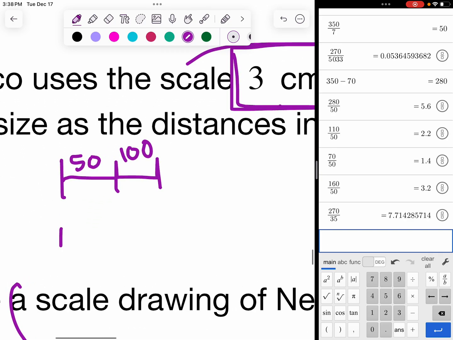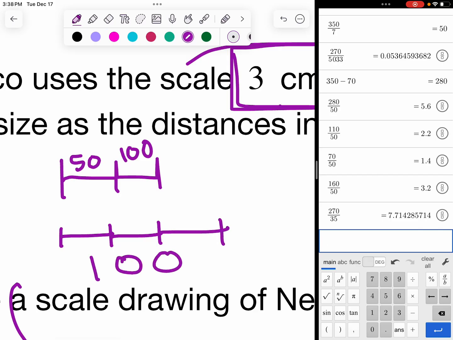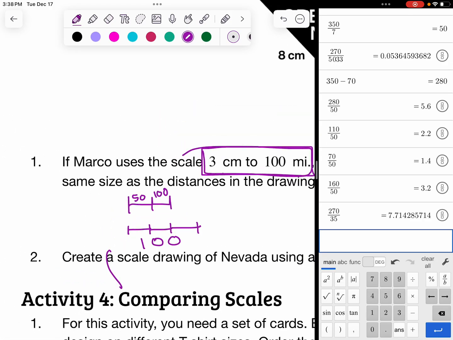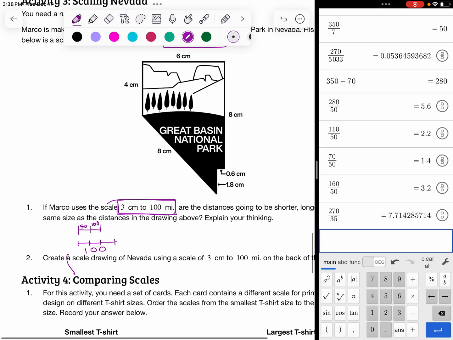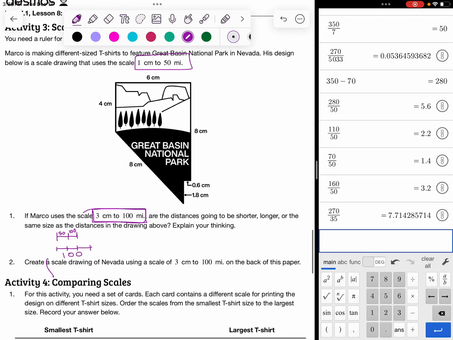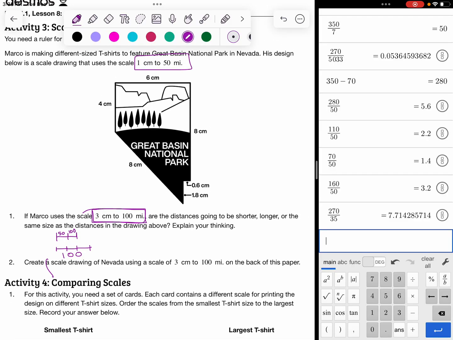So what that means is we're going to draw 3 of these, and this whole thing equals 100. So if we take a look, are the distances in this new scale longer, shorter, or the same size? Well, I noticed that they are much longer. So that is your answer for number 1.